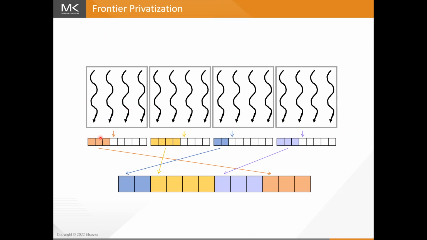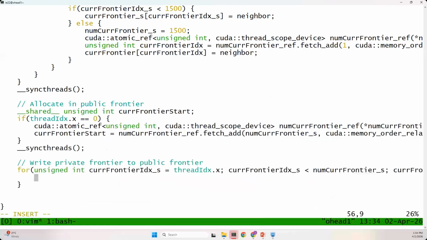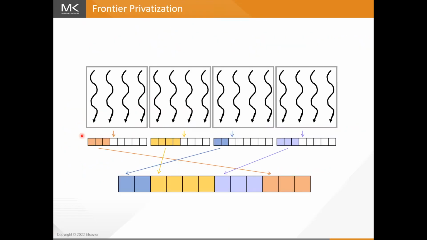Okay, we need to write that to the public frontier. So current frontier of something equals current frontier underscore s of current frontier index underscore s. Is that clear? What is that something? Where do I write in the current frontier? Well, I'm going to write to the start plus the current frontier index underscore s. Exactly.